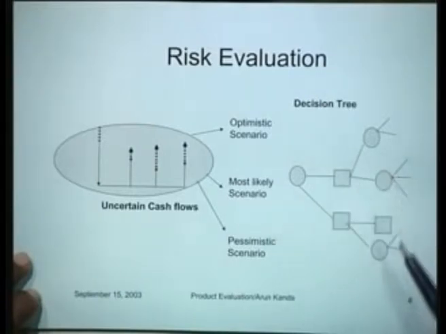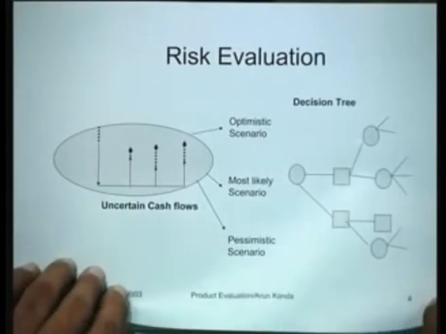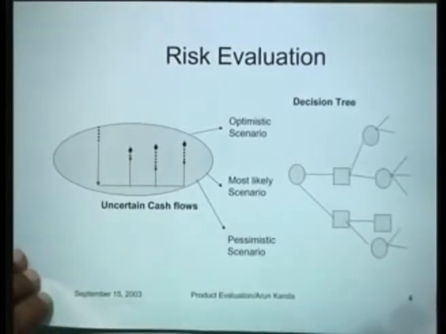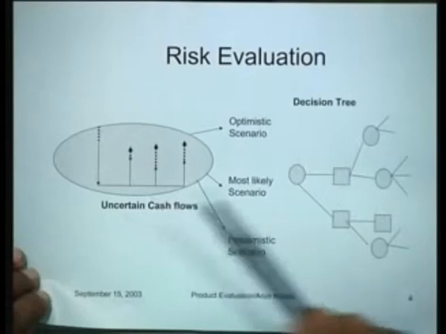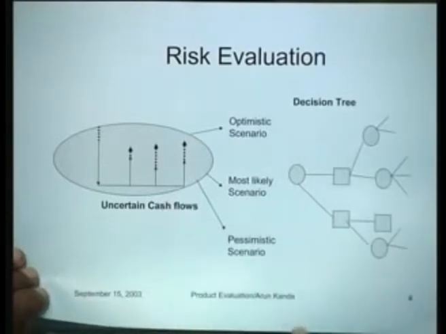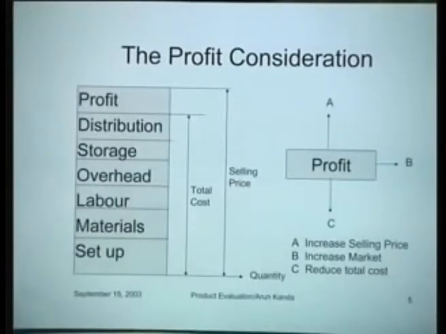And the tree could then be evaluated in order to determine what the best strategy should be, and also to quantify the risk, because the risk is nothing but complete consideration of the probability distribution of outcomes corresponding to a particular strategy. So this is the manner in which we could completely talk about risk evaluation, which is a very major concern in the introduction of new products and services.